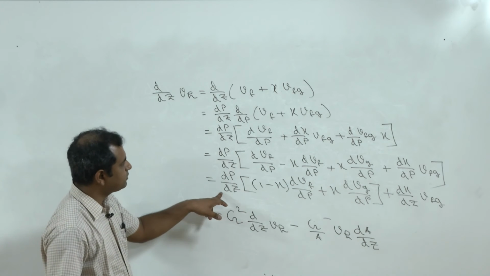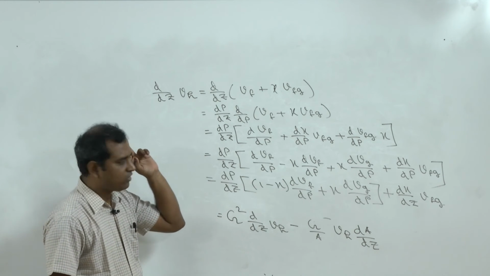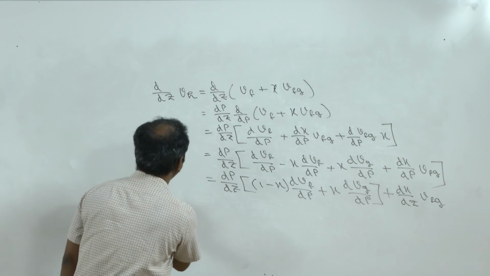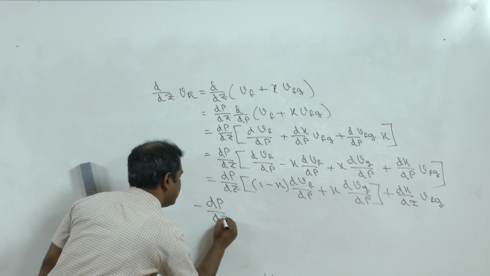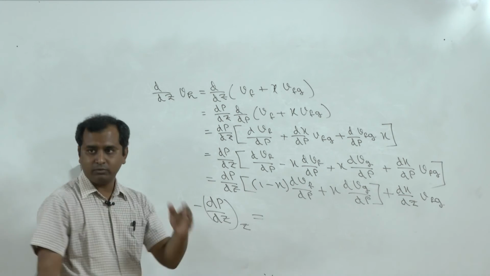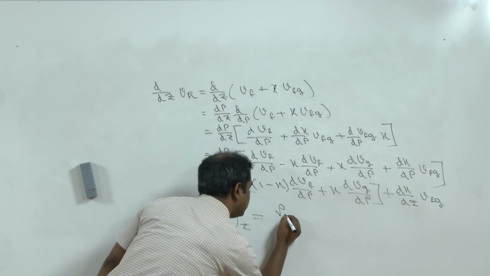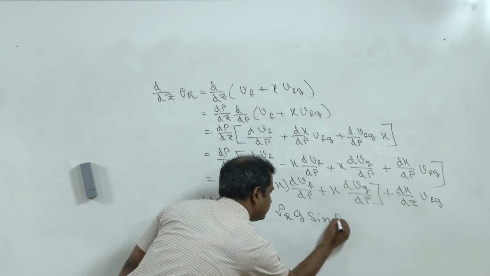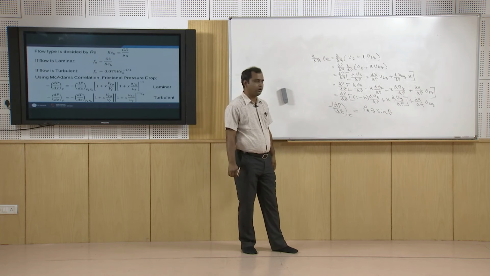So, all these terms simultaneously I can put in the equation of the overall pressure drop. Apart from that, in the equation we are also having minus dP/dz for potential head. For an inclined tube, to be generalized, I can write this as rho h g sin theta, where theta is the inclination with the horizontal.